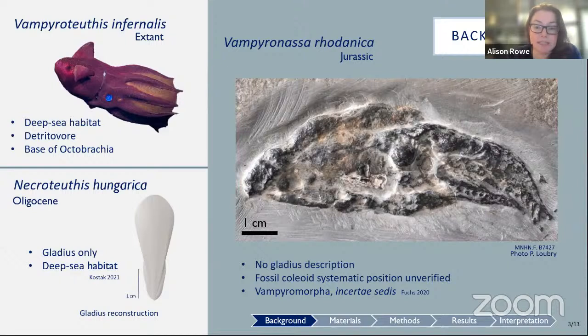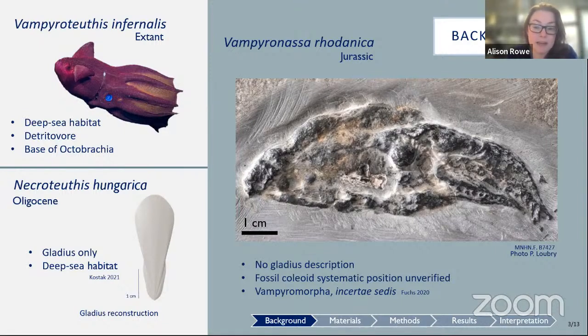The only other species that has been designated a fossil relative to Vampyroteuthis is Necroteuthis, from the Oligocene. However, it's only known from its gladius, the internal shell, but it has been described recently by Košták et al. 2021 as having the same deep sea mode of life as Vampyroteuthis.